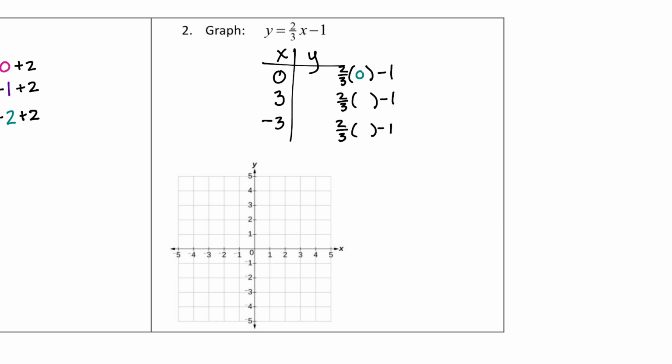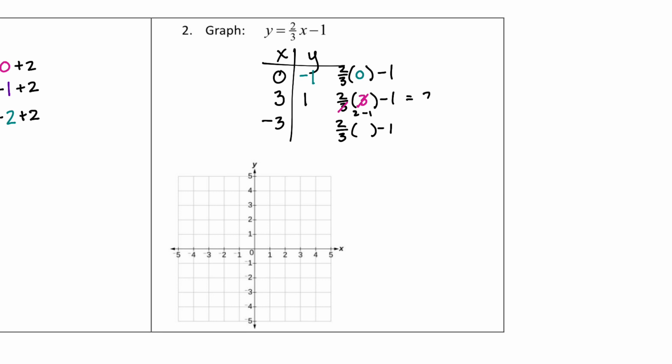Okay, so the top one, putting a 0 in. 2/3 times 0 is 0, minus 1 is negative 1. Put in a 3. The 3's cancel. So I end up with 2 minus 1, which is 1.